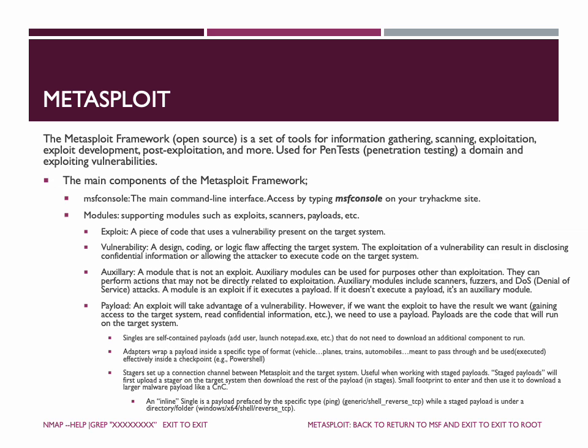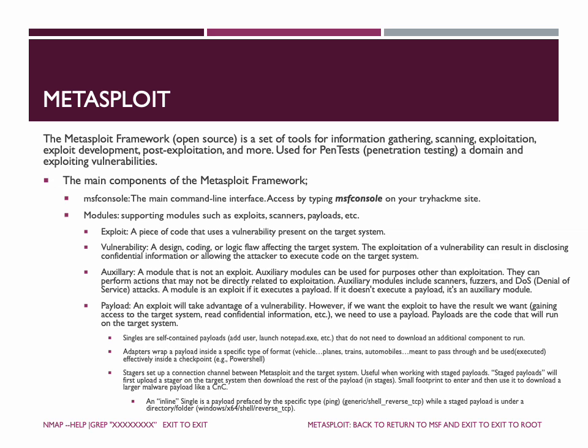It's a design, coding, or logic flaw affecting the target system. Whether you're talking about a process flaw, which is how data moves from one part to another, where a variable moves, it can be hijacked, tampered with, something else can happen. Exploitation of a vulnerability can result in disclosing confidential information or allowing the hacker to execute code on the target system.